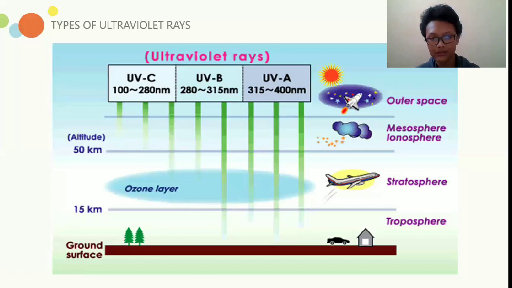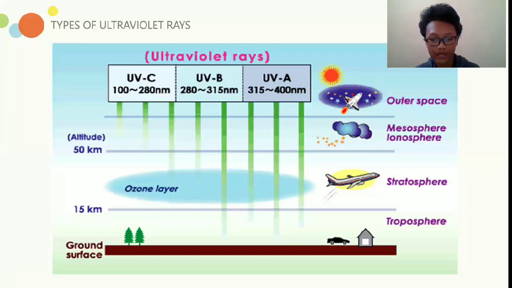And then UVB. UVB is mostly absorbed by ozone. The wavelength is about 315 nanometers to 280 nanometers.